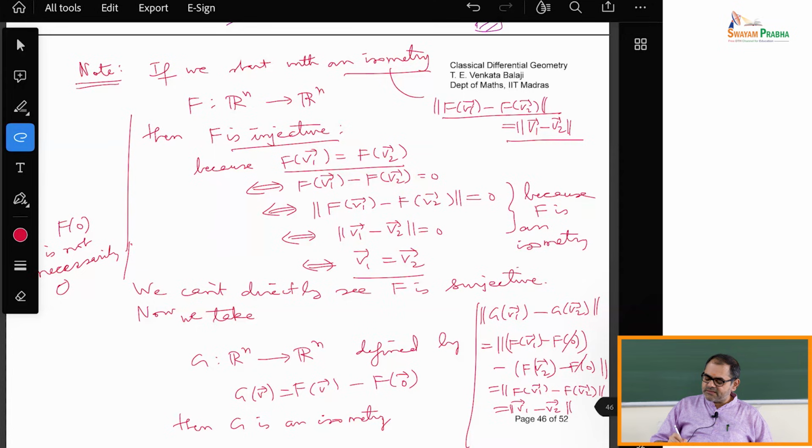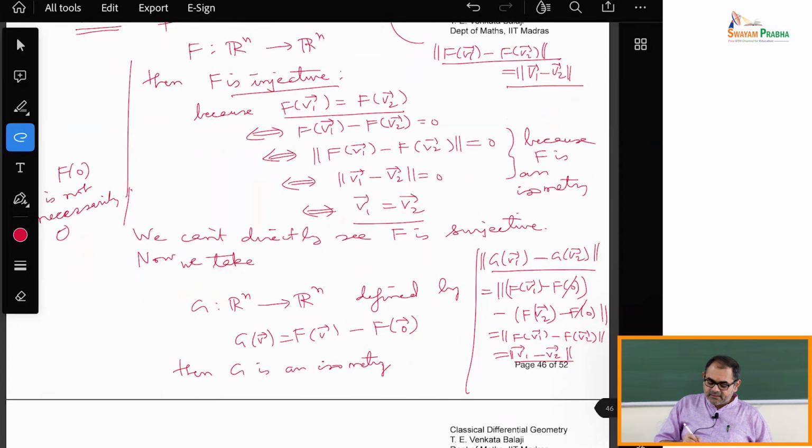Therefore, norm of gv1 minus gv2 is also equal to norm of v1 minus v2, which says g is an isometry. Okay, but the big deal is that g of 0 is 0.